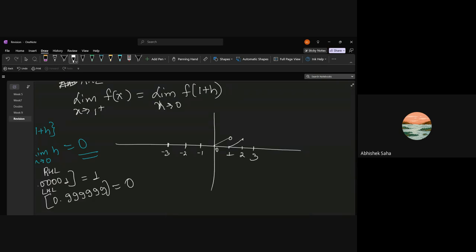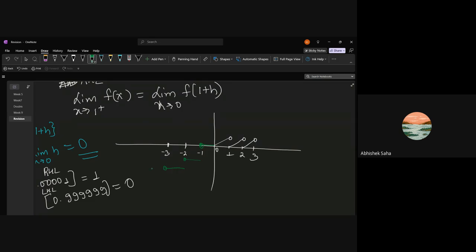And the greatest integer will look like this. Let me draw with a different color. This will be the greatest integer at x equal to 1, and this will be the graph of the function.